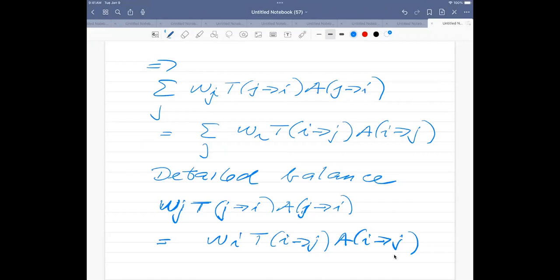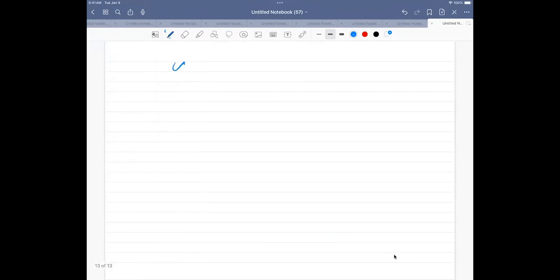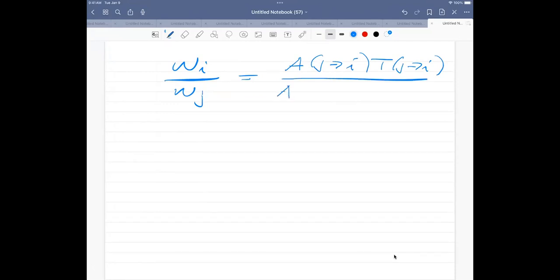Now, what you see now gives us a ratio. So if I now divide here, what I have is that Wi over Wj is going to be equal to the following equation. So that's going to be equal to A of j goes to i, multiplied with T of j goes to i, divided by A of i goes to j, and T of i goes to j.